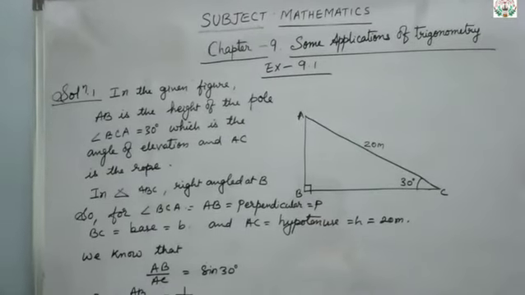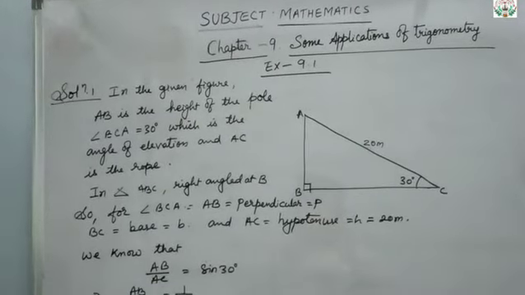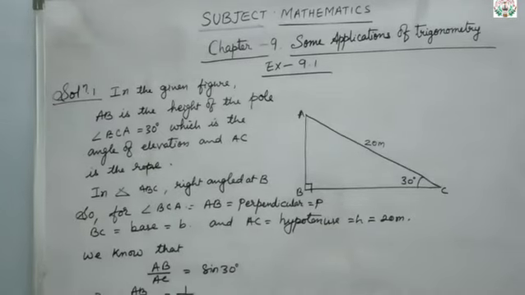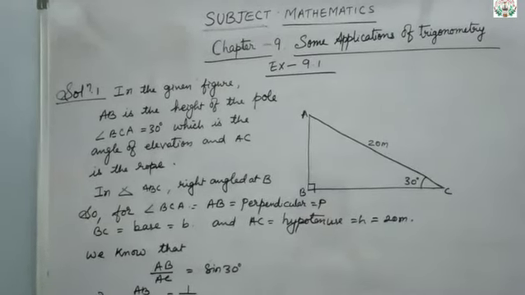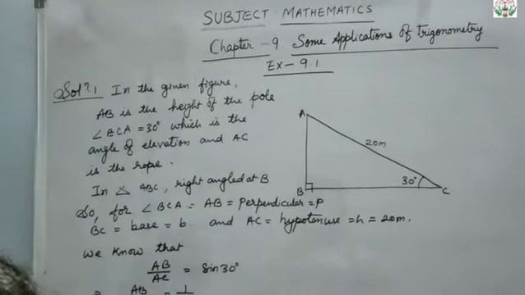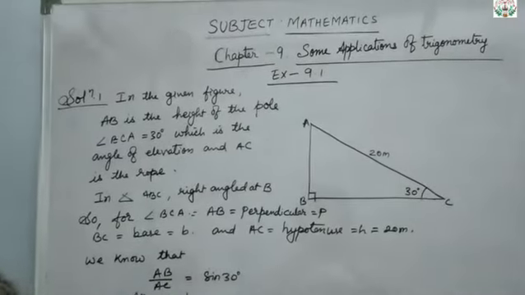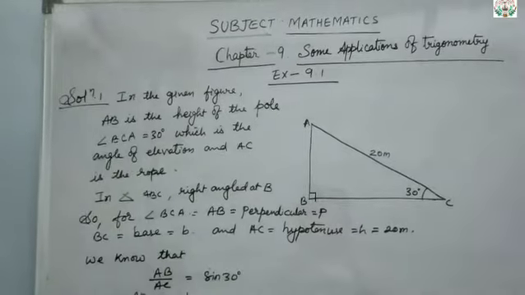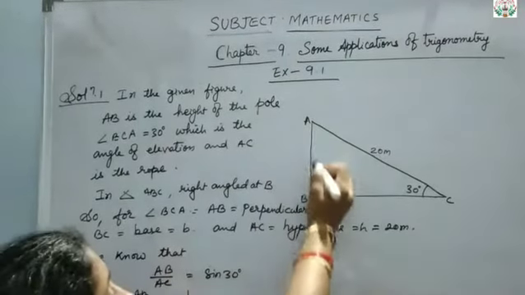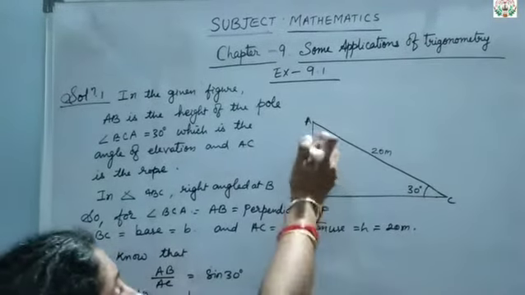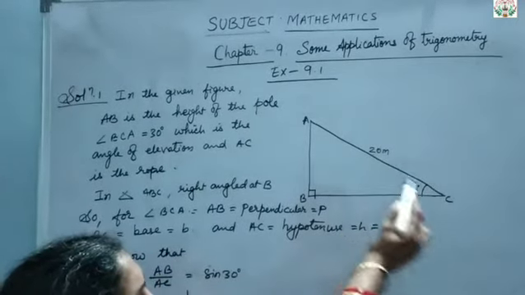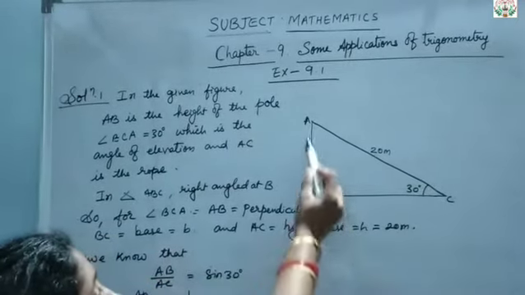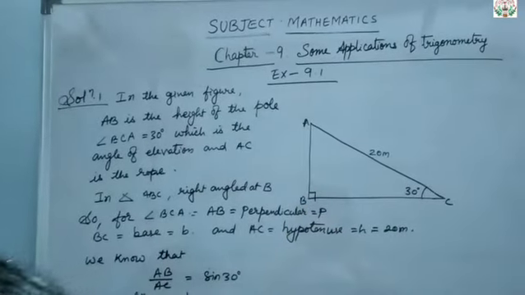The question is, a circus artist is climbing a 20-meter long rope, which is tightly stretched and tied from the top of a vertical pole to the ground. This is the vertical pole, and this is the rope, the 20-meter long rope tied from the vertical pole to the ground.